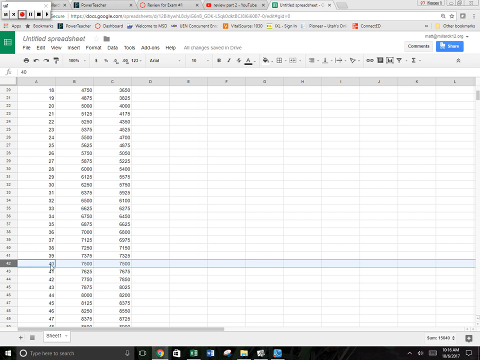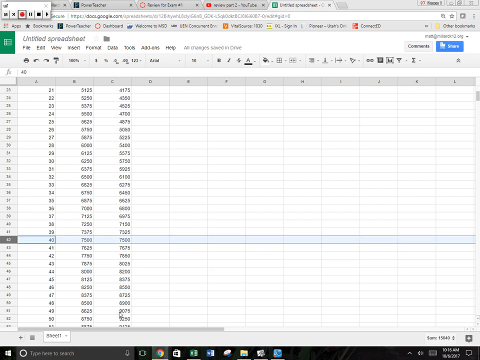So at week 40, they have the same. And then from that point on, she starts to overcome him. She grows at a faster rate than him. So he started out with more money, but she's depositing more money. So eventually she's going to catch him. And at week 40, she catches him.